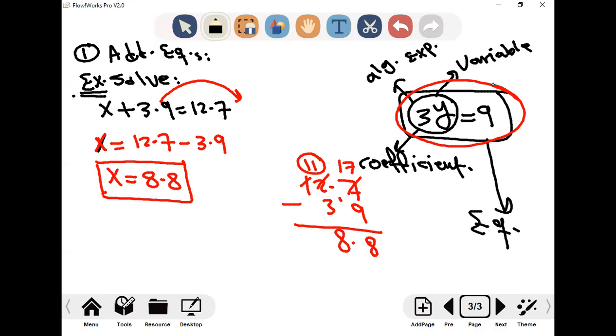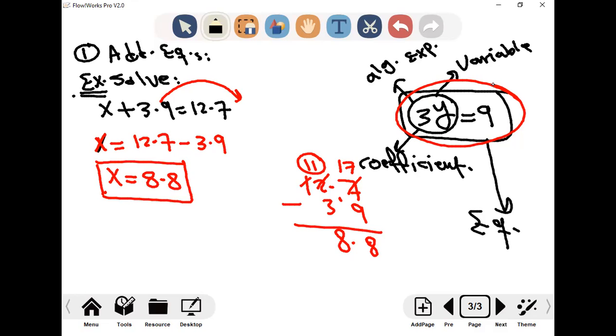That x equals 8.8 makes the equation true.